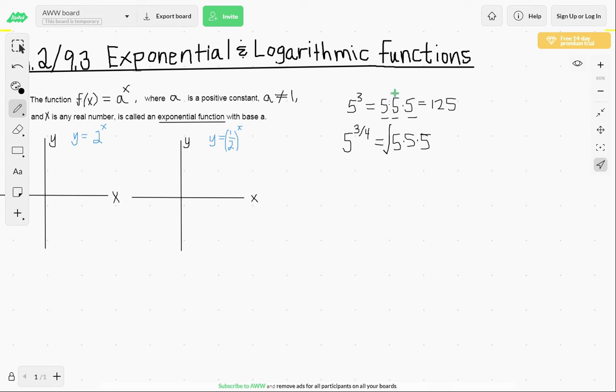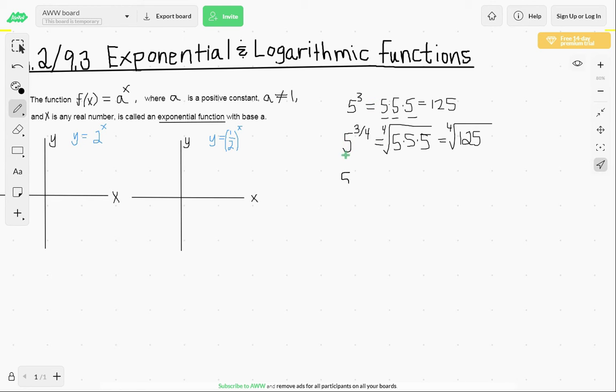So I'll put in my radical with index 4. We're taking the 4th root of 5 times 5 times 5, or in other words, the 4th root of 125, if you like that better.